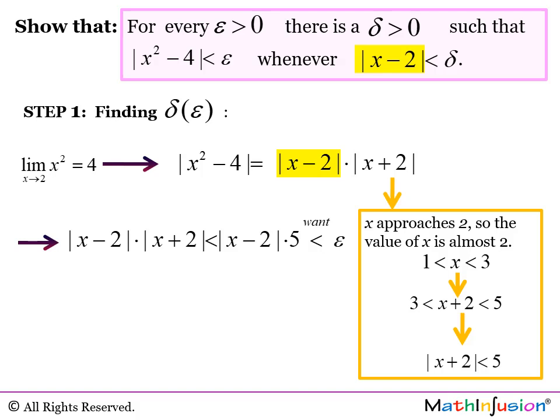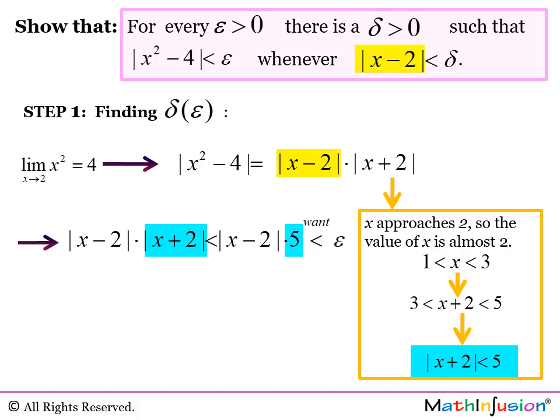It means that by replacing x plus 2 in absolute value by 5, I'm getting more. But if after making it much more, it's still less than epsilon, then obviously the original one, the absolute value of x to the power of 2 minus 4, is going to be less than epsilon.